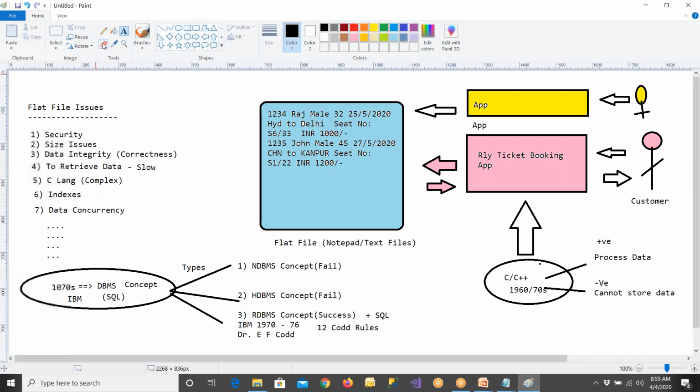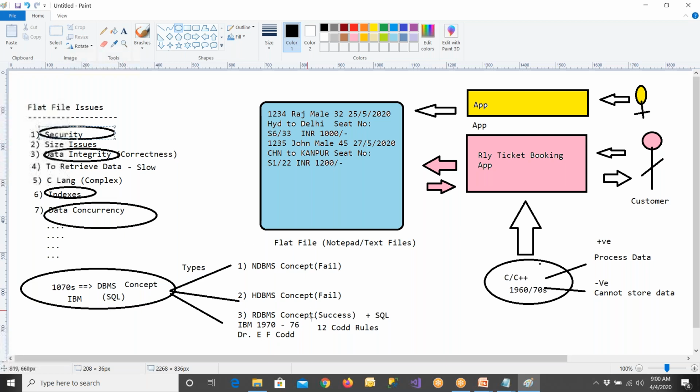RDBMS software should have indexes. It should resolve data concurrency issues. It should have data integrity checks. That means whenever you store the data, make sure you're storing proper data. You should not have wrong data stored in the RDBMS, and proper security has to be implemented. Sizing issues should not be there.